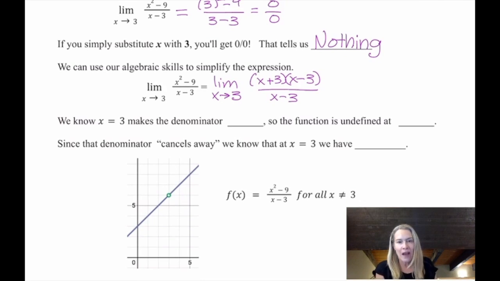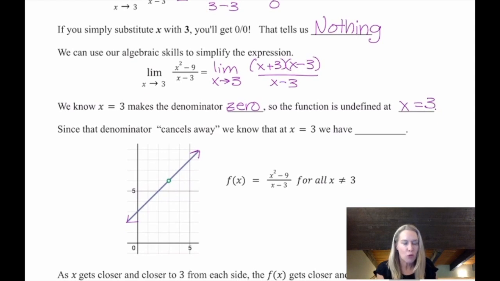Now, we know that x equals 3 makes that denominator go to 0. So what that tells us is, because you're not allowed to divide by 0, that function is undefined at x equals 3. That means when you graph that function, and you actually see here I have a little sketch of the graph, when x is equal to 3, there's a hole there because the function is undefined there.